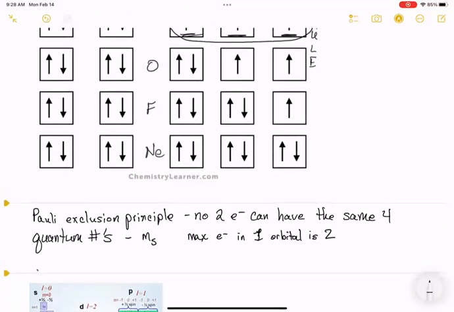Okay, so this next periodic table I'm going to show you really does put into perspective all 4 quantum numbers on the periodic table.